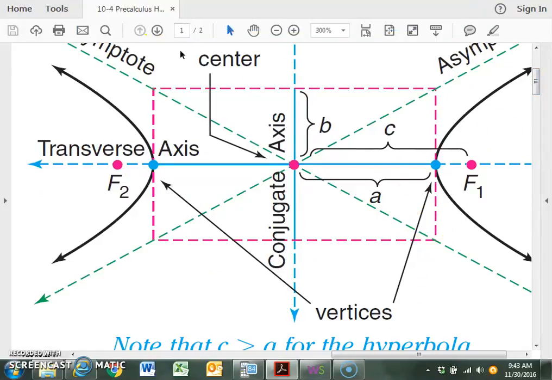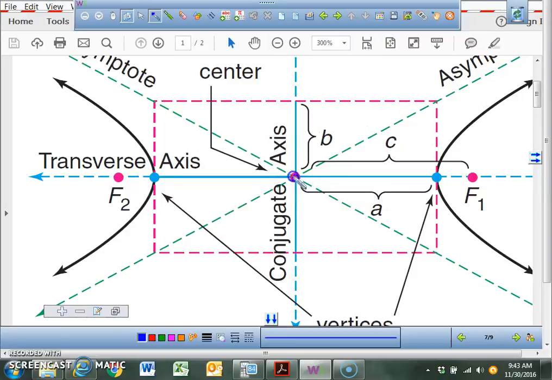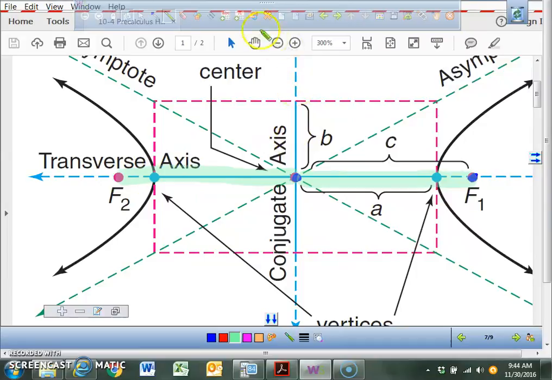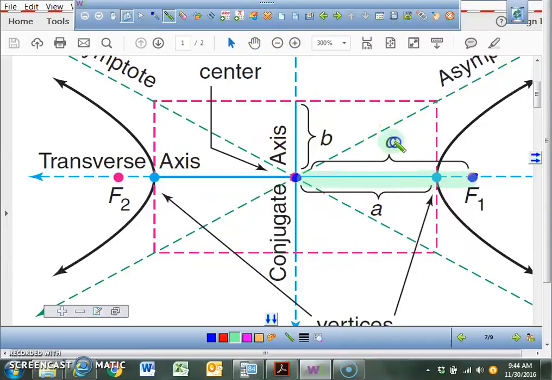I want you to notice, right here is the center of this hyperbola, and right here is a focus of the hyperbola. And what do we call the distance from here all the way to the foci? What's this distance? That's your c value.